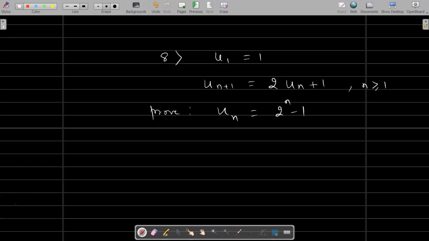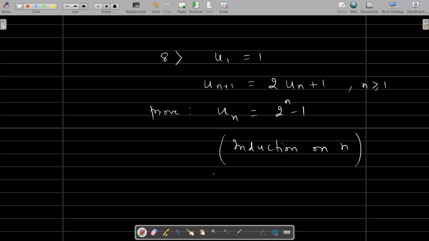Okay, induction. So all of you can try by induction on n. Once you do that, I'll tell you exactly what this problem is. Induction is the easiest way to prove something. How do you prove by induction?